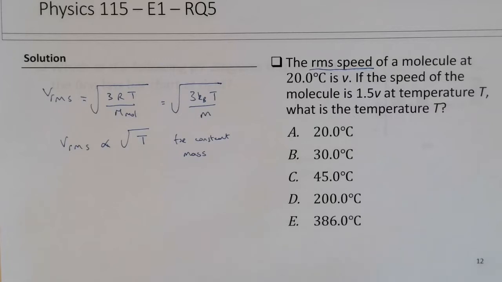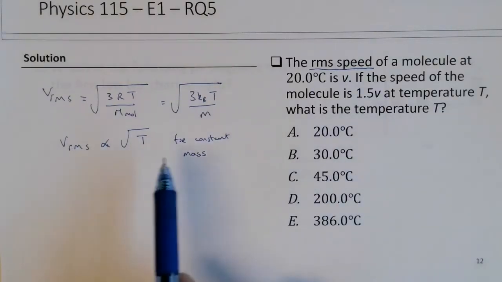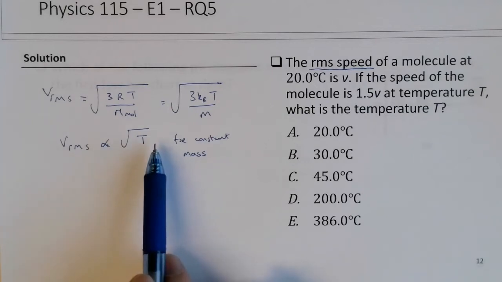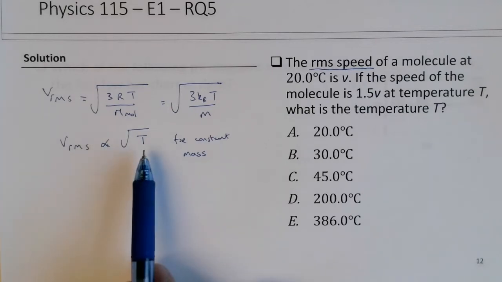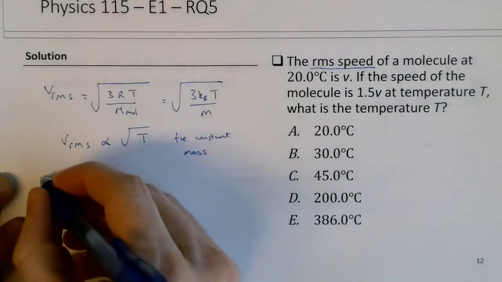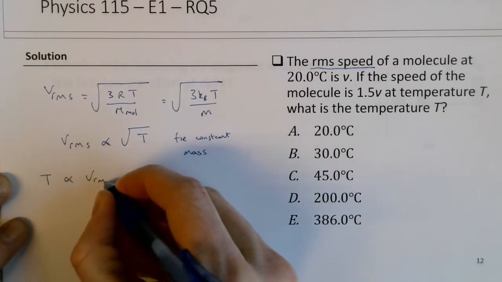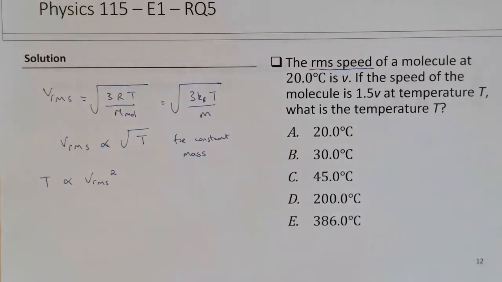And we're interested in how the temperature changes as a function of V. We're going to want to know how temperature changes as a function of the RMS speed. So we would take the square of both sides of this expression and say that T scales with the RMS speed squared.